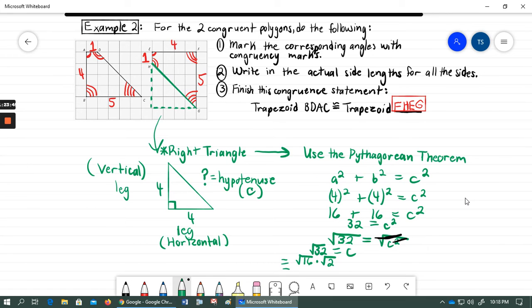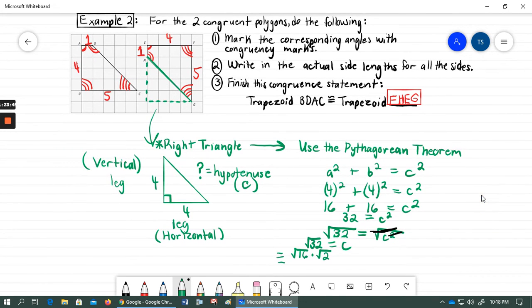We're doing a little mini review here, and you have to take those moments to do them. So in simplest radical form, that would be 4 times the square root of 2. The exact value would be the square root of 32, right?